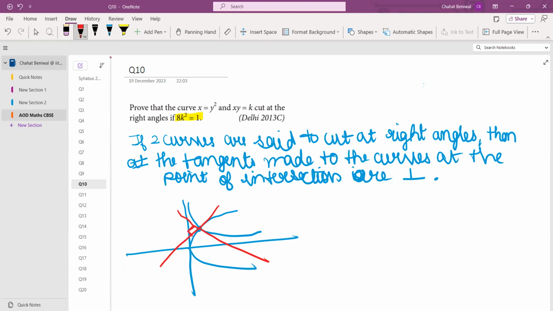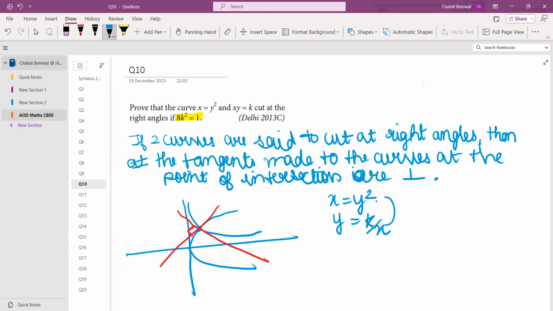So firstly, we need to find the points of intersection in order to make the equation of tangent. So we know x is equal to y square, and we can write y as k by x.